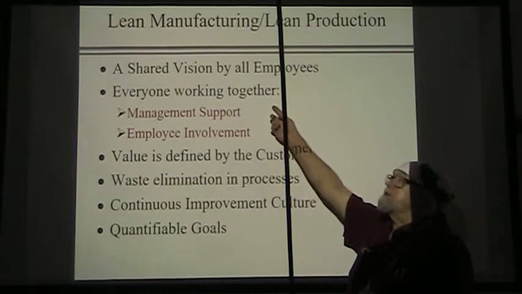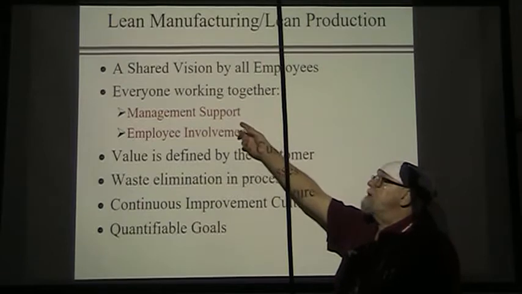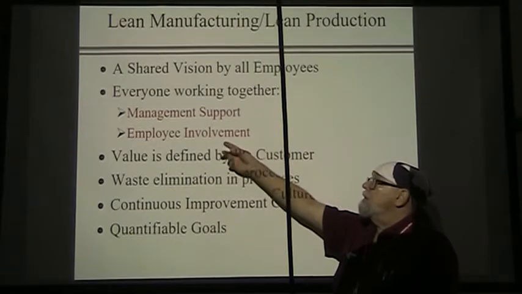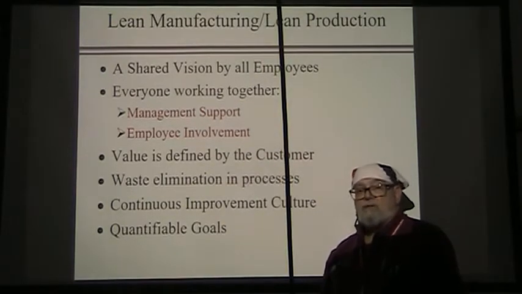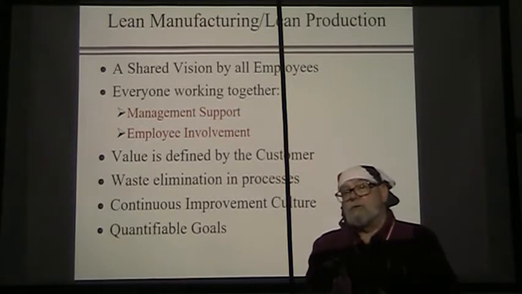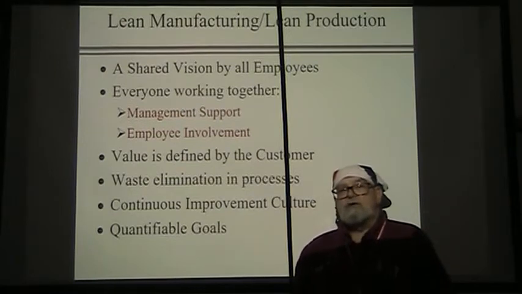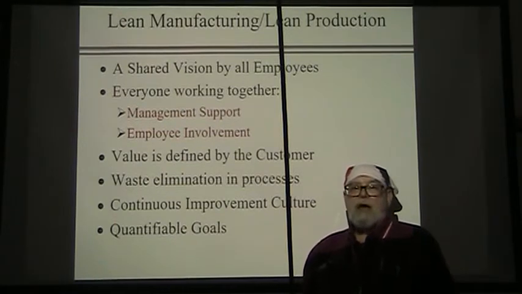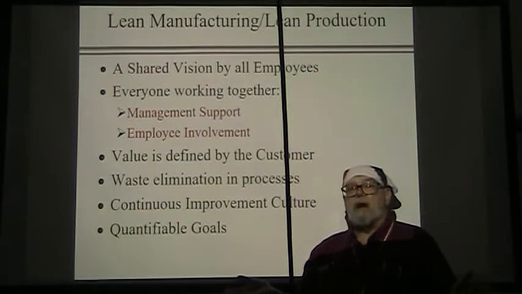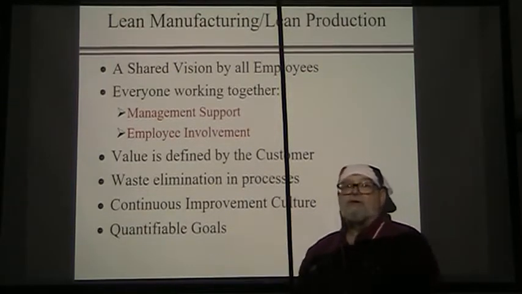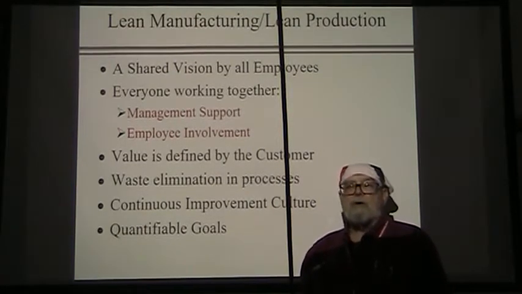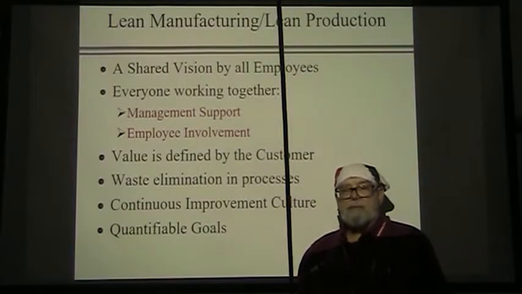Everyone has to work together. Management has to give support, and employees have to be involved. Very often what we see is they send engineers down to the floor to do improvements, and it almost never works out because the people who have to do the job don't understand what they're trying to accomplish.